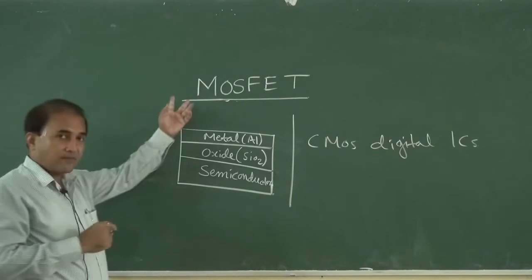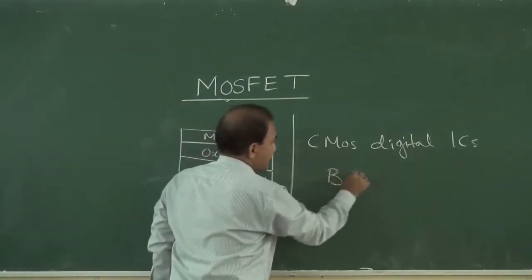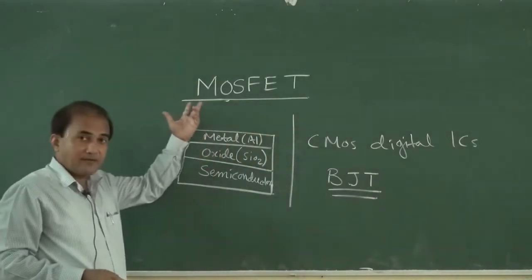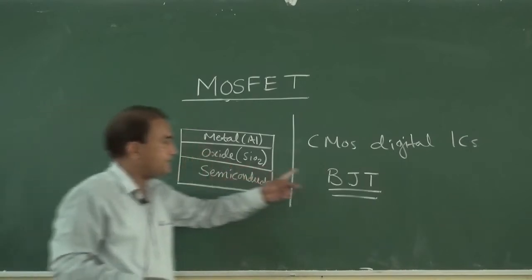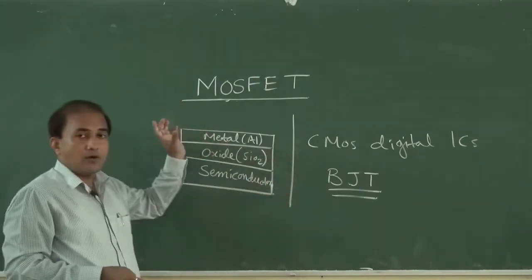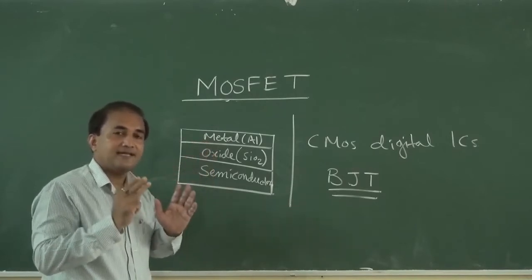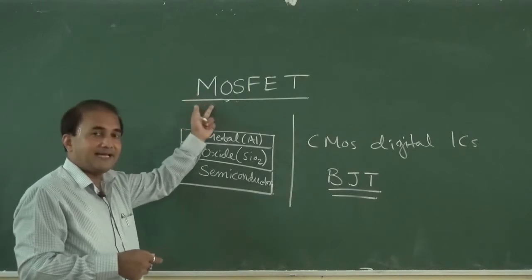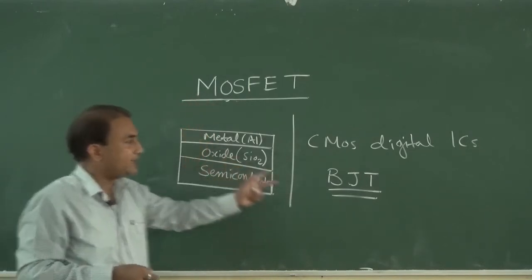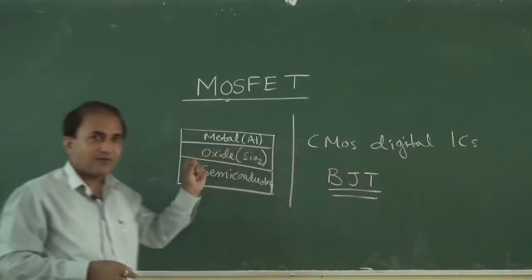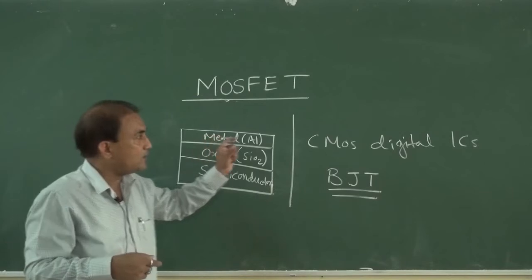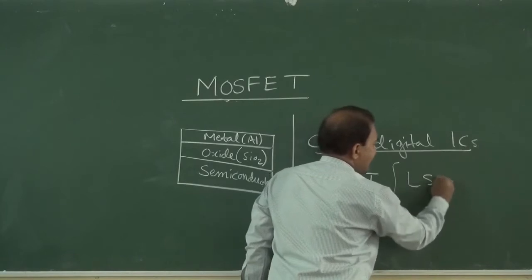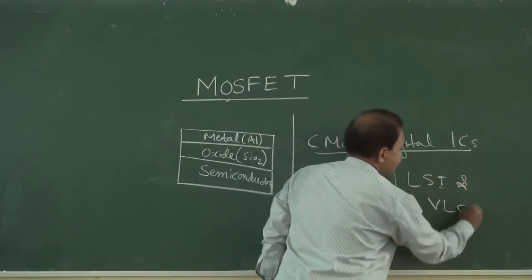The main advantage of MOSFET as compared to BJT is that the fabrication process is very simple as compared to BJT, and also the MOS transistor occupies a much smaller area, and the power dissipation by using MOSFET is also very small as compared to the bipolar junction transistor. That is why MOSFET is generally used in almost all CMOS digital integrated circuits, in almost all LSI and VLSI circuits.